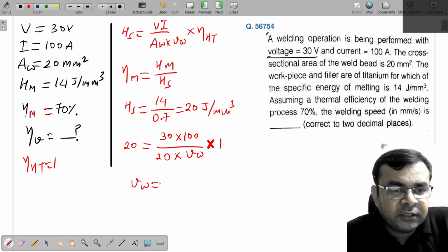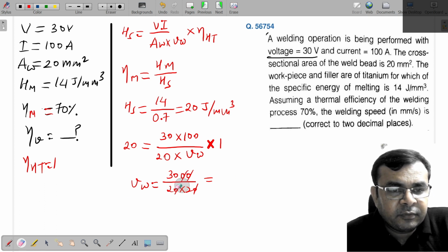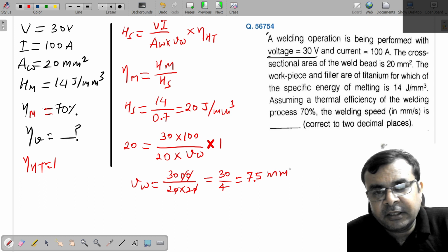So from this, VW is nothing but 3,000 over 20 into 20, let's say this is 30 by 4, 7.5 millimeter per second. This is the answer.